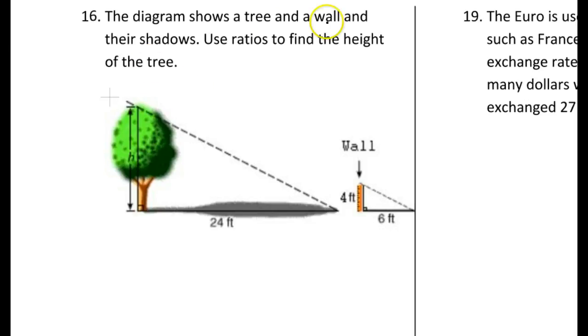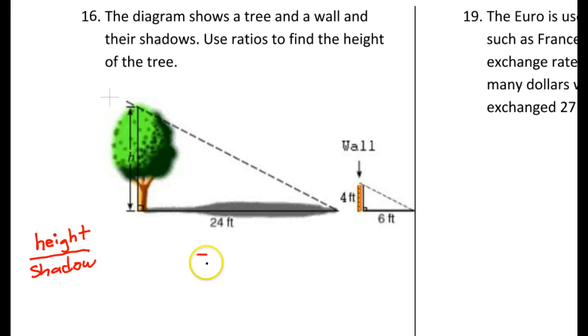Diagram shows a tree and a wall, okay, and there's shadows. Use the ratio to find the height of the tree. So we have, like we did earlier, the height of the tree and the shadow. You want to write this down so you know where the numbers go. So the heights are going to go on top, shadows on the bottom.